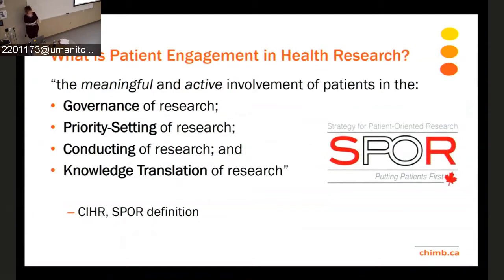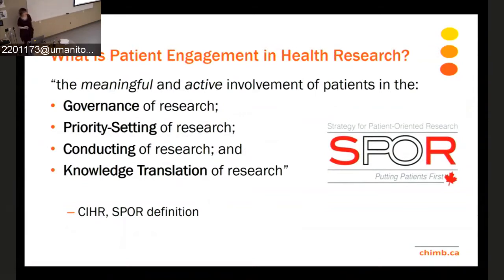And the strategy for patient-oriented research defines patient and public engagement as the meaningful and active involvement of patients in the governance of research. So that means people with lived experience, caregivers, communities sitting on the research team at the steering level, at every level of governance. In the priority setting of research, so actual communities, patients, members of the public, setting the priority for research.